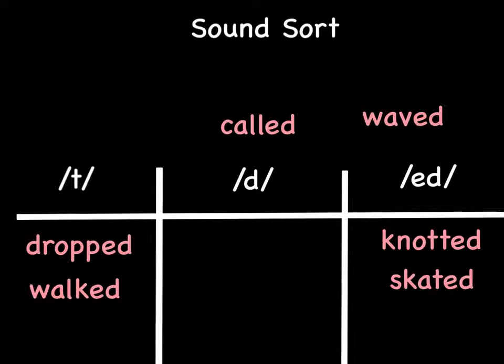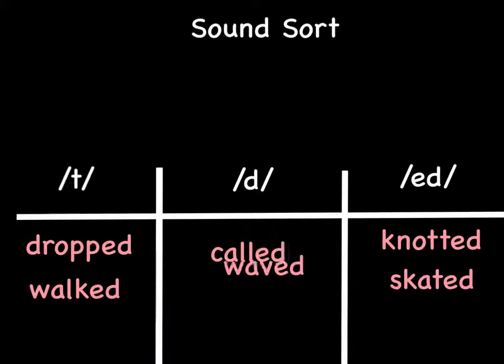How about called? Did you hear T, D, or ed? Called. That's right, D. Now waved. Say the word waved. What sound does it end with? The D sound. Very good.